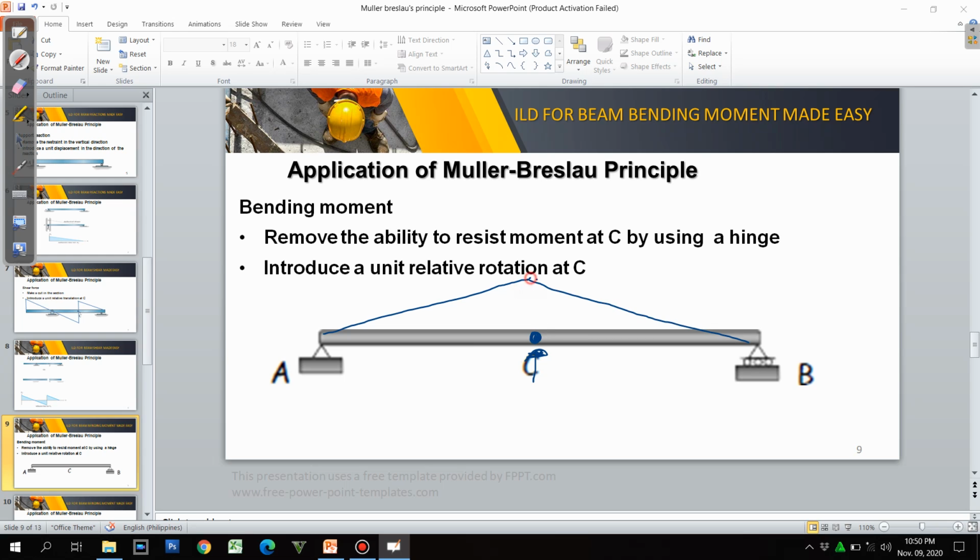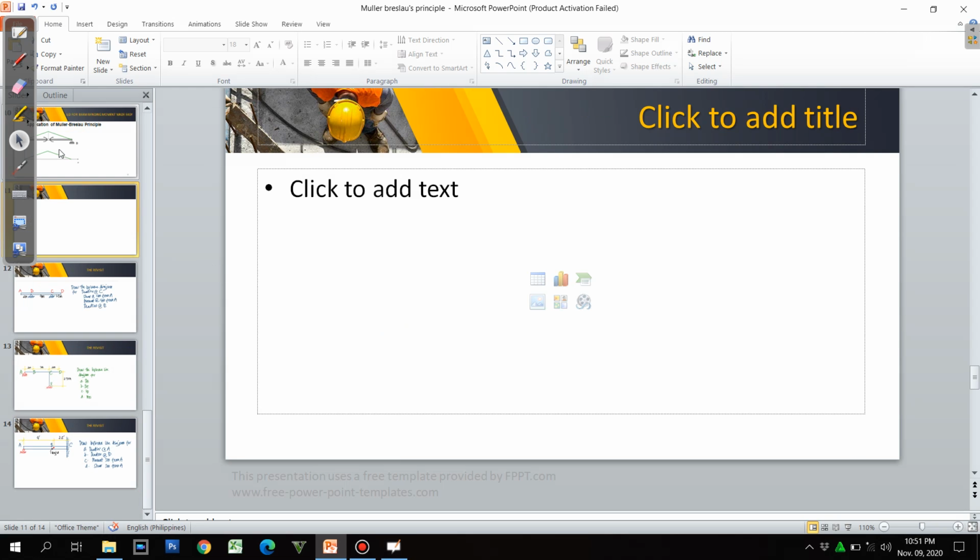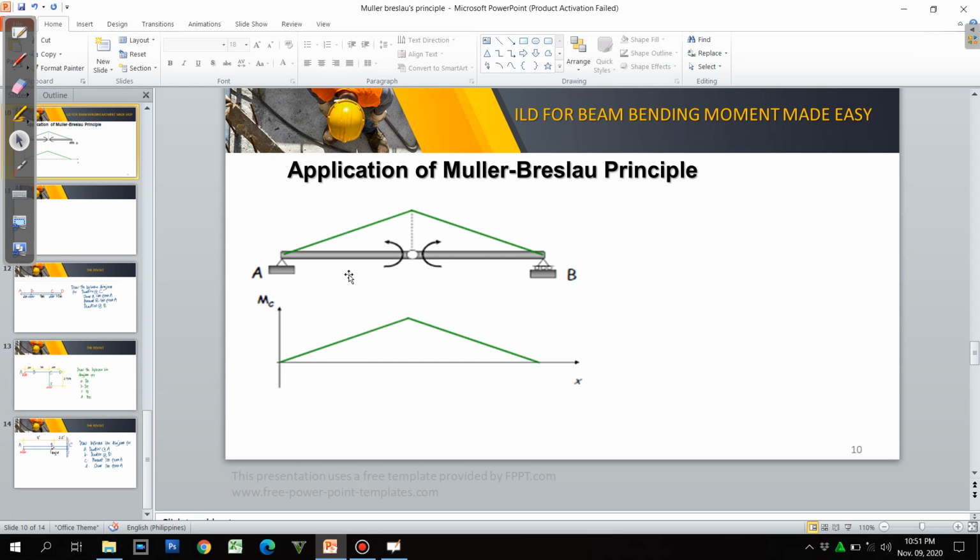Okay, and there will be delta here. So here it is. So we apply here a pin connection and then push it upwards. So there developed here a delta. Okay, so we derive delta.